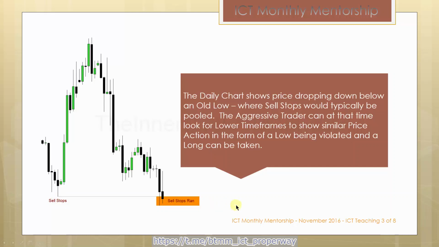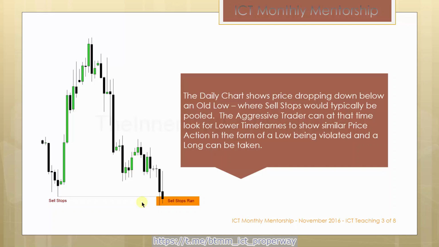Now, an aggressive trader can see this as an opportunity to go into a lower time frame as that low is violated here, right on this candle here. You can go into a lower time frame and look for a similar pattern, because price is fractal. That means everything you see on one time frame is replicable on the higher time frame and the lower time frame. So in other words, it's going to have a lot of similarity throughout all the time frames, because price is still what? Price.